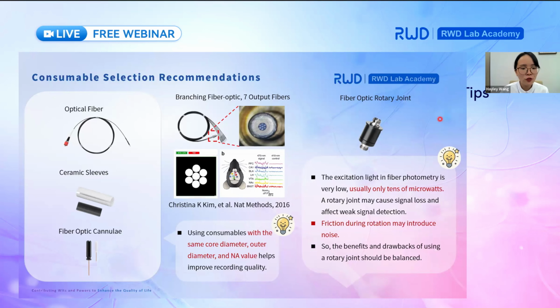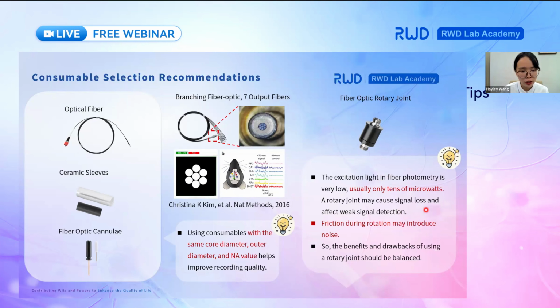And for long time recording or experiments in which the animal moves a lot, a rotary joint can also be used. However, there are 2 points to consider. First, in fiber photometry, both excitation light and the return fluorescent signals are relatively weak, usually only tens of microvolts.